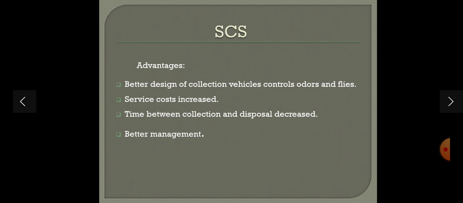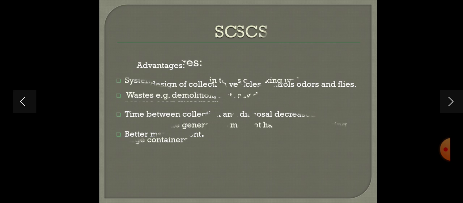And the service cost will be decreased in this case. So this is also one advantage. And one more thing is that the time between the collection and the disposal will also be considerably decreased. And in this case, there can be better management of the waste. So these are the advantages of a stationary container system.